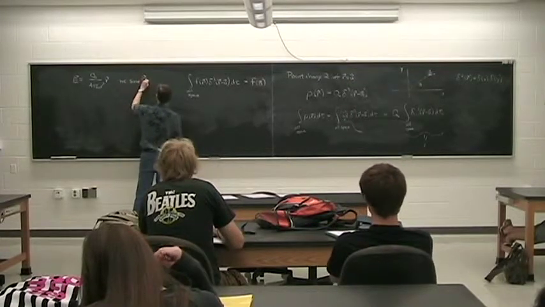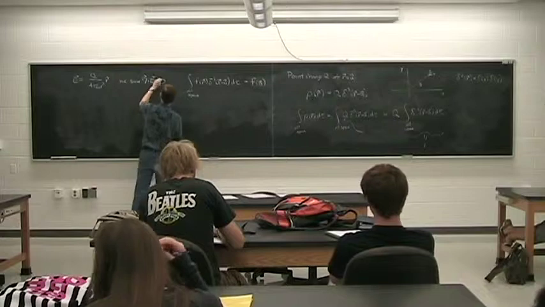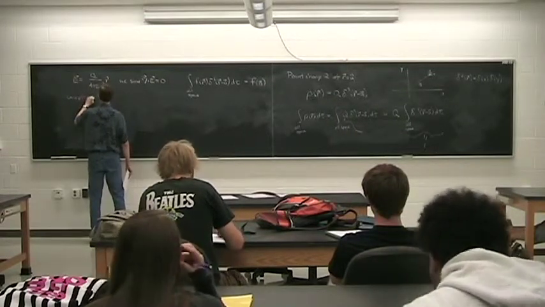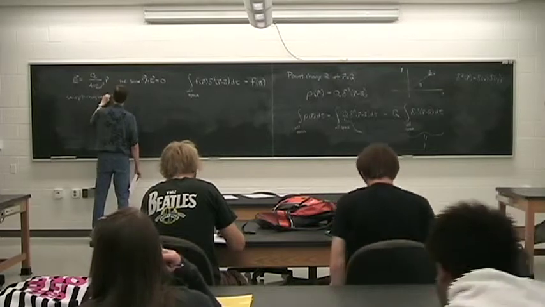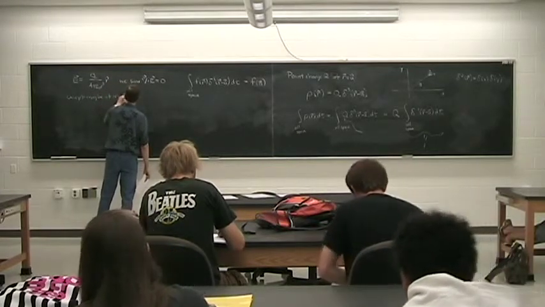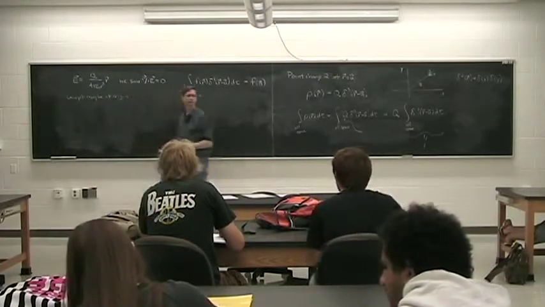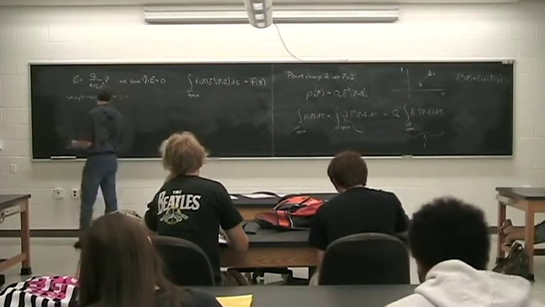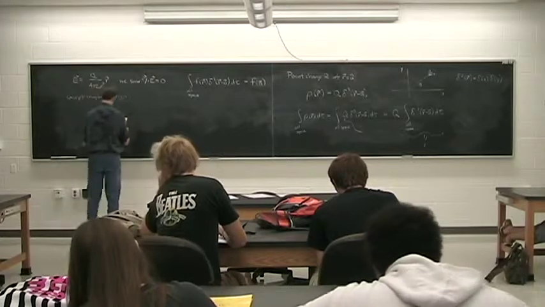We saw that div E equals 0, except maybe at the origin, because there we're dividing by r equals 0, and that's not kosher. So div E was 0 everywhere, except maybe not at the origin.